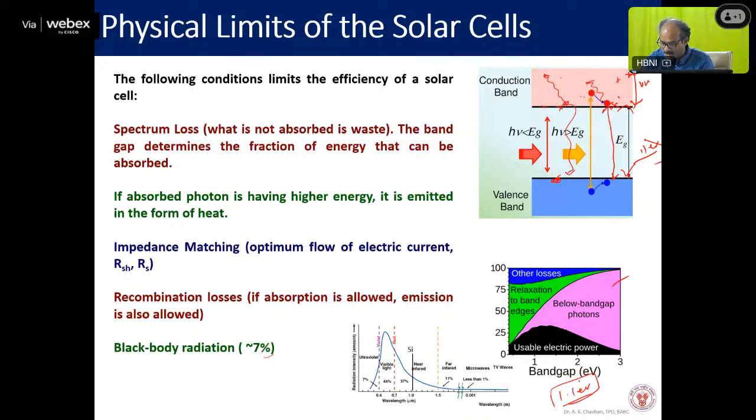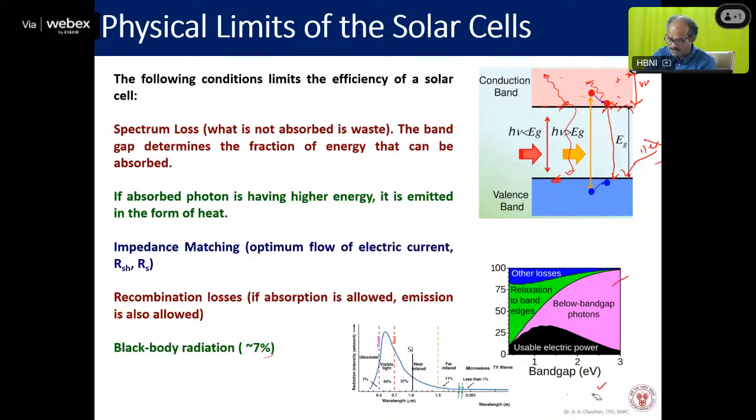All the photons slightly like 1.11 or something like that. Then all the photons will be absorbed and used for raising electrons from the valence band to the conduction band. So I want that much, but unfortunately it is not the case. My spectrum is having the entire range.